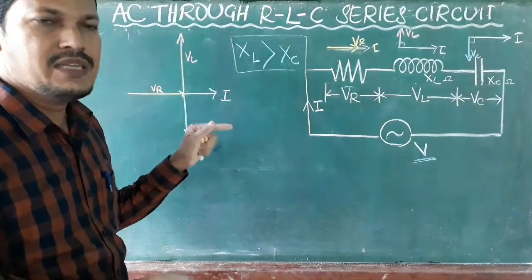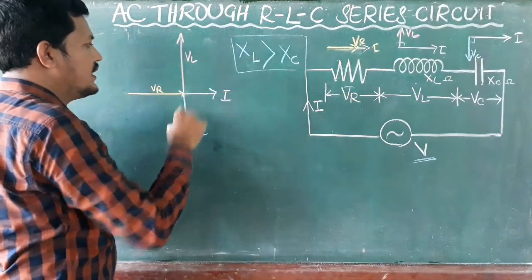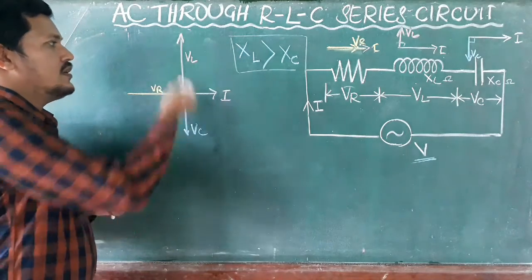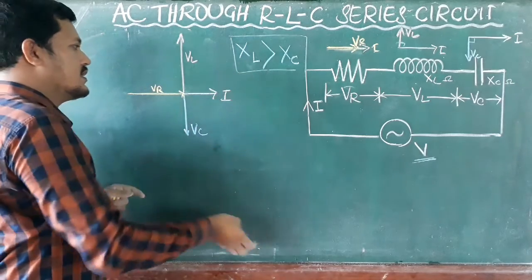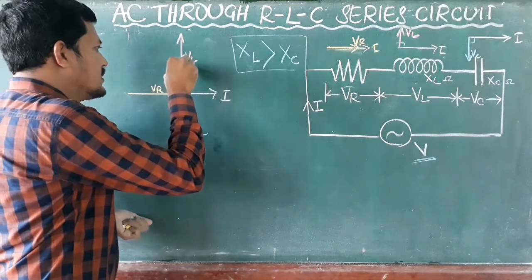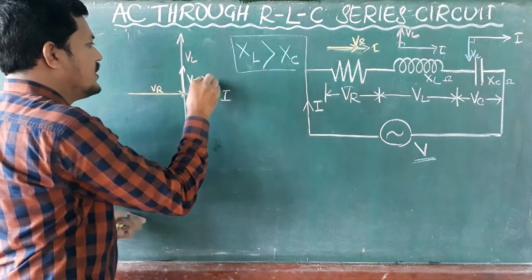Now we are imagining XL is greater, so VL is greater than VC, and we get the net voltage in the positive direction, that is VL minus VC.